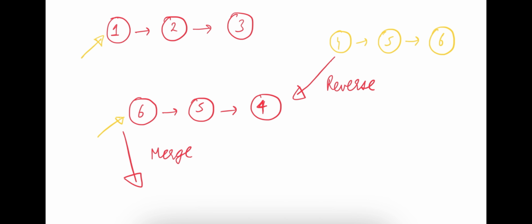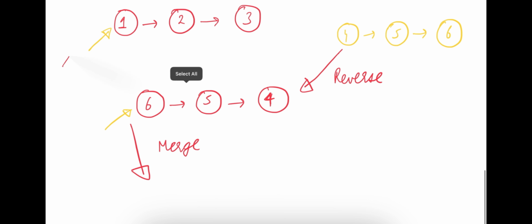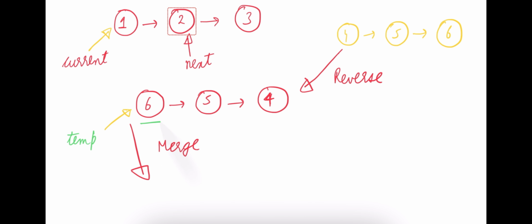Let me call the reference to node 1 current, and this one next. For the reference to node 6, I can simply call it temp, and I have to merge this temp node in between current and next.